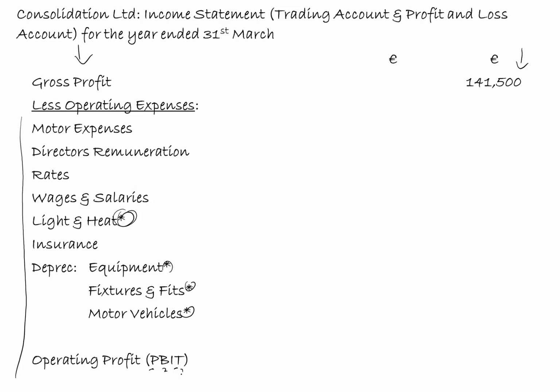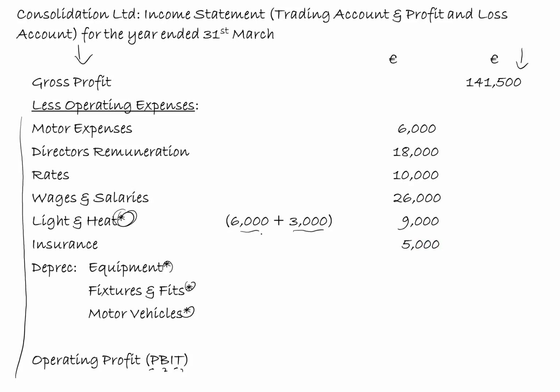So copying the figures straight from the trial balance, you can see the motor expenses figure came to 6,000, director's remuneration 18,000, rates 10,000, wages and salaries 26,000. Now, the light and heat's an adjustment, so I'll have the 6,000 from the trial balance plus the 3,000 from the notes, which will give us 9,000 in total. The insurance 5,000, and then the equipment.